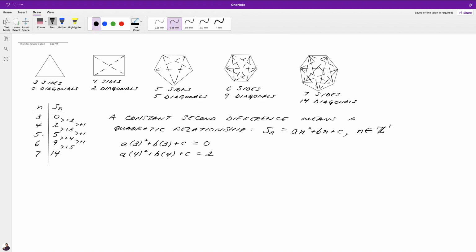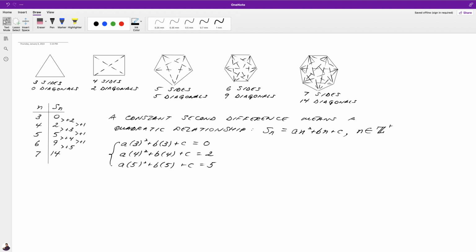And if I plug in 5, I should get out 5. So A times 5 squared plus B times 5 plus C is equal to 5. So this is the system that, if I solve, should allow me to determine this explicit pattern and formula, therefore, for the sum of the diagonals of an n-sided polygon.